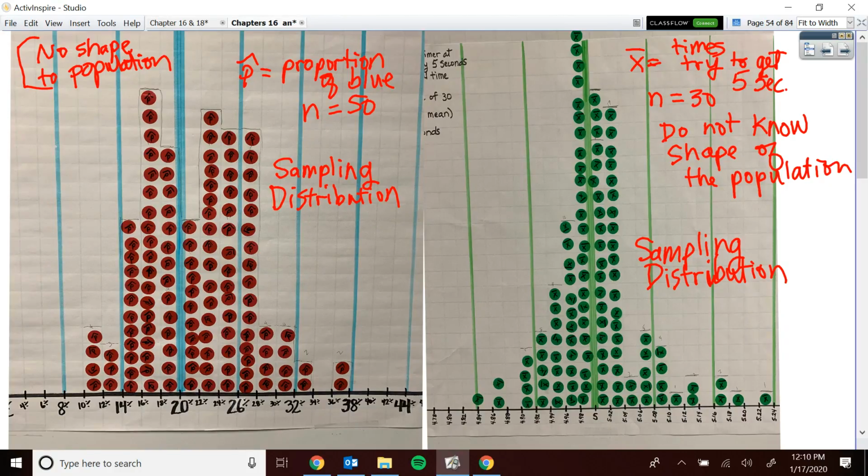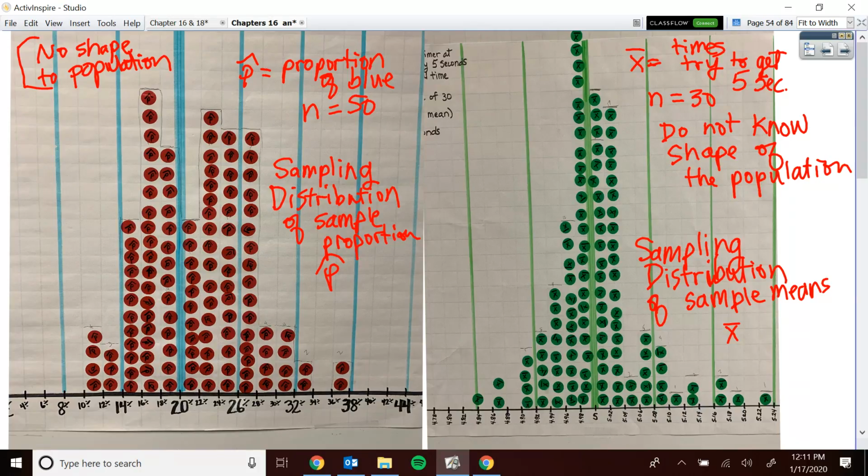X bar is a sample mean. And the one on the left was a distribution of sample proportions, or p hats. On the right, this is a sampling distribution of sample means, otherwise known as x bars.